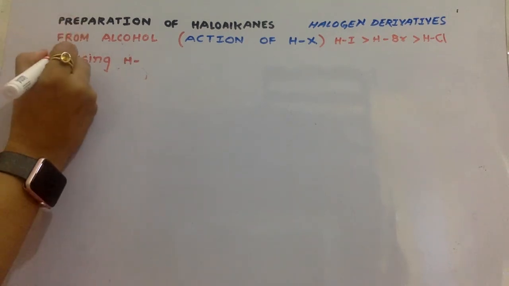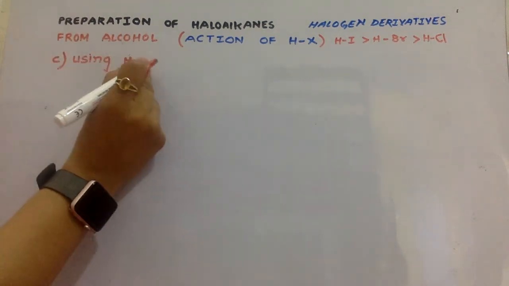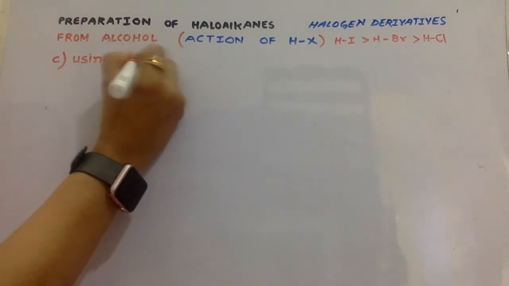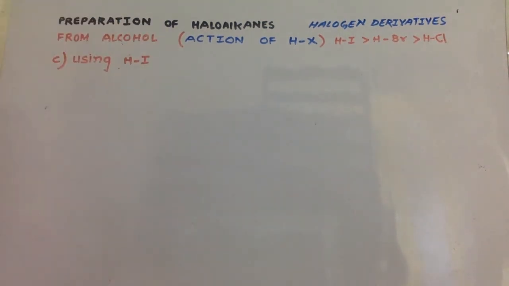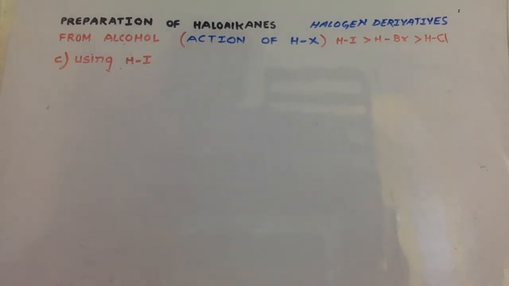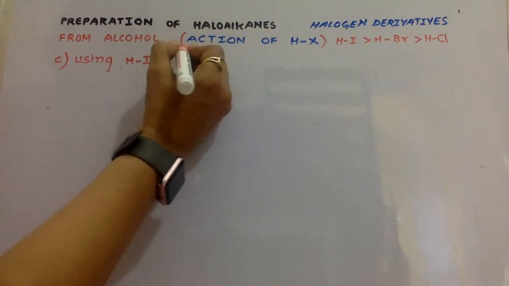Now the third category here, we're using HI. Now the alkyl iodides can be obtained from alkyl alcohol by refluxing an alkyl alcohol with constant boiling HI, 57%.